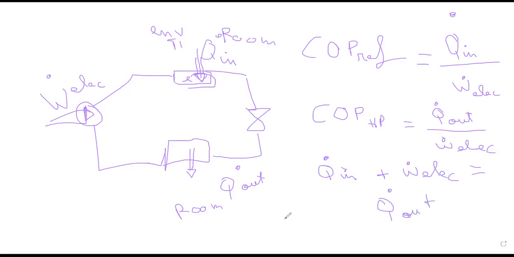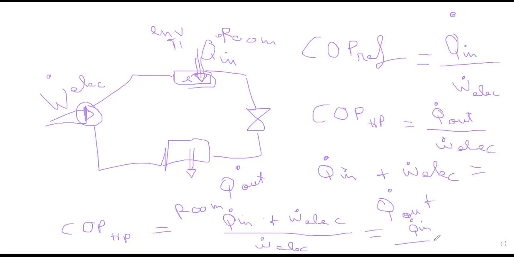So if I replace in the COP of the heat pump Q dot out by Q dot in plus W dot electric, so Q dot in plus W dot electric over W dot electric, I obtain that the COP of the heat pump is equal to Q dot in over W dot electric plus 1.